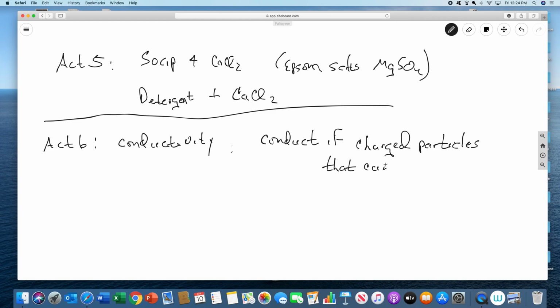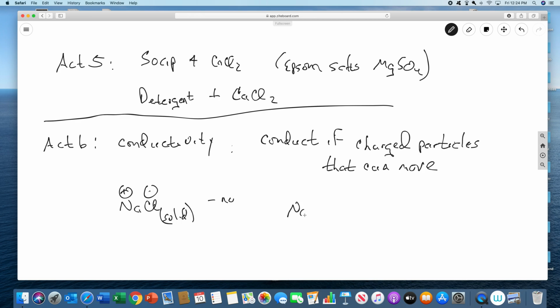So in a wire, it's electrons. So you would expect sodium chloride, for example, charged particles, but if it's a solid, you would expect there should be no conduction.